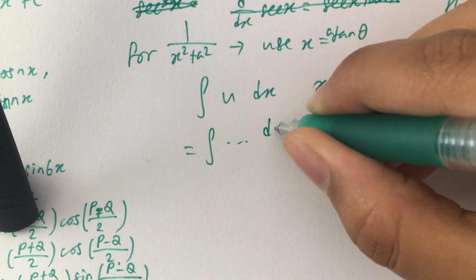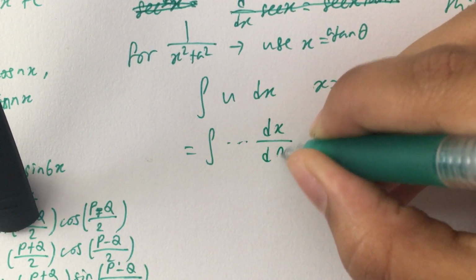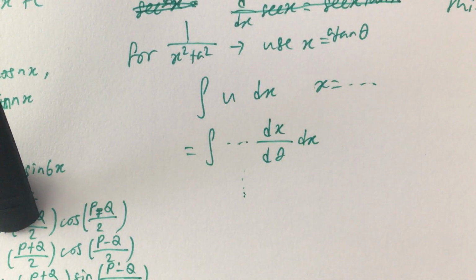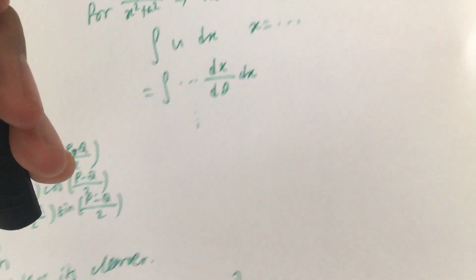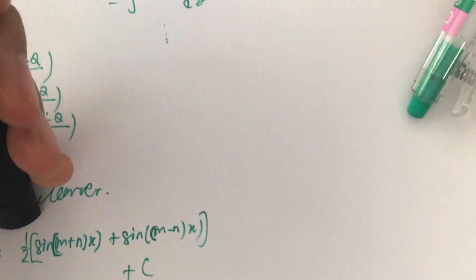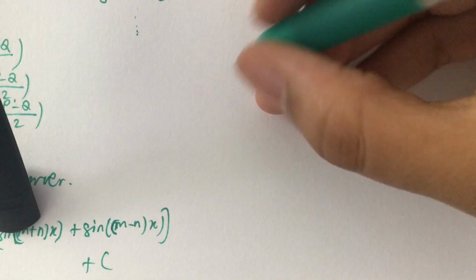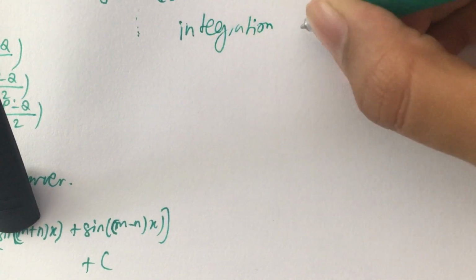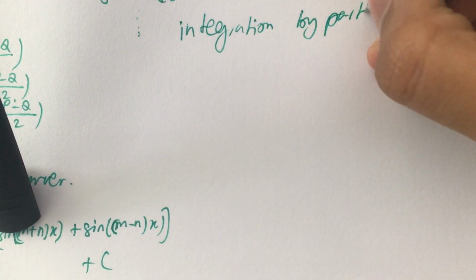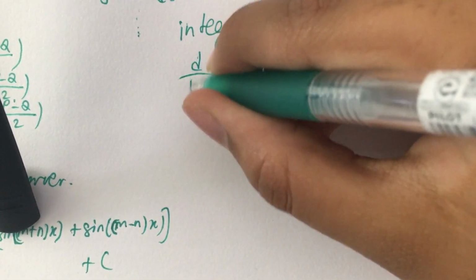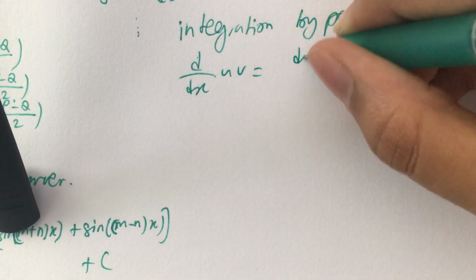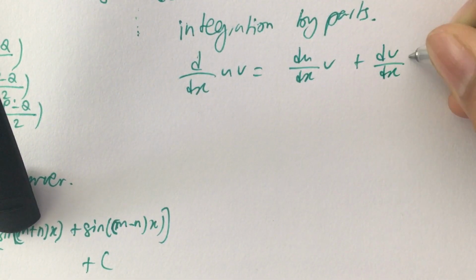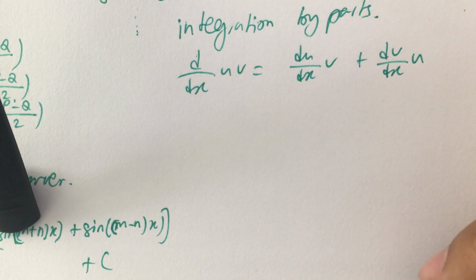Okay, so let's move on to the last part, which is integration by parts. Integration by parts would mean that when you're doing differentiation and you get two different terms from a multiplication, you have your uv, then you get du over dx times v plus dv over dx times u.